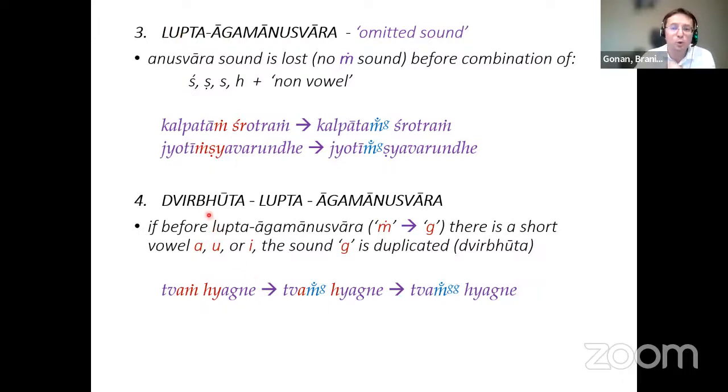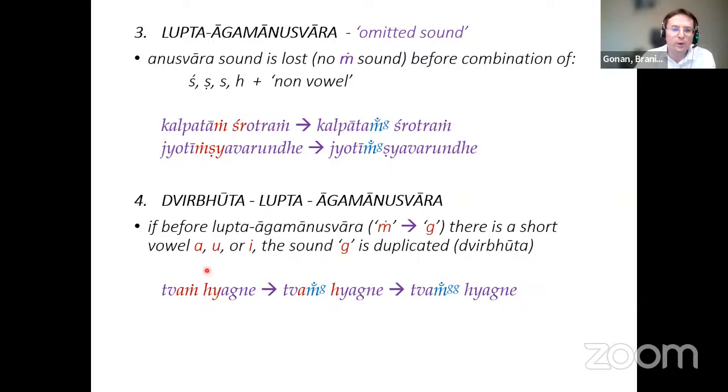Then we have dvirbhuta lupta. So we are getting even more complicated. Dvirbhuta means that we are duplicating this agamanusvara, duplicating the G sound, but also without the M sound.